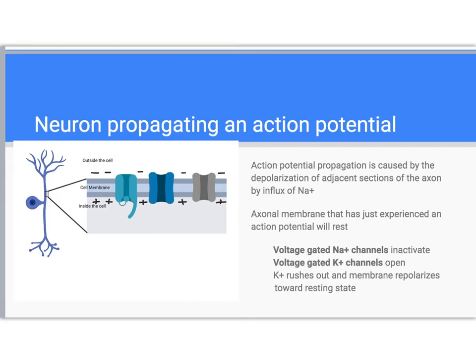Voltage-gated sodium channels have some interesting properties, however. Very quickly after they open, a specialized inactivation gate that's on the inside of the cell will swing closed and inactivate the voltage-gated sodium channel, thus blocking further flow of sodium into the cell. At the same time, because the cell has become so depolarized, voltage-gated potassium channels are triggered to open.